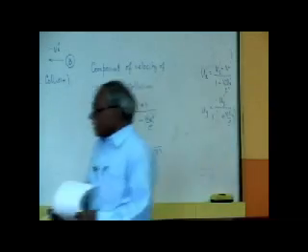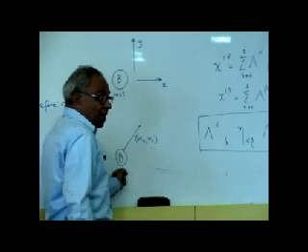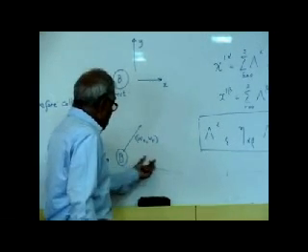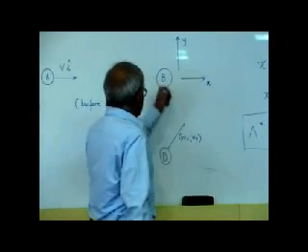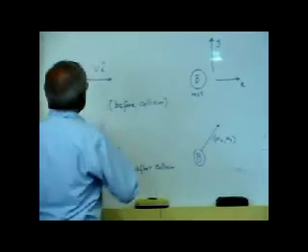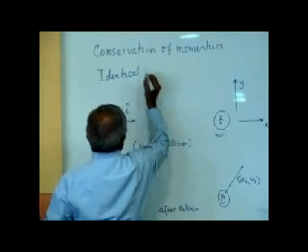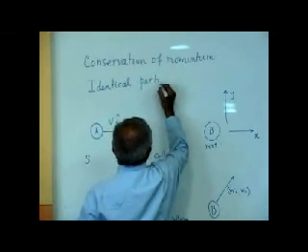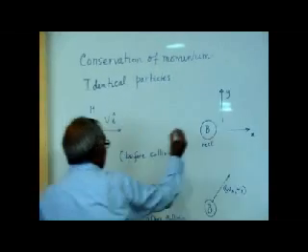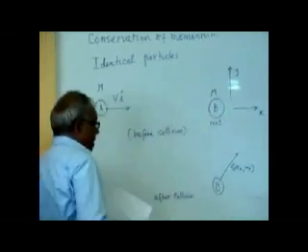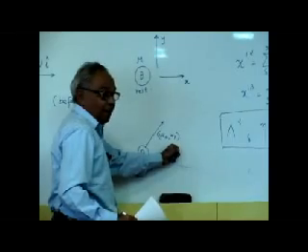But what is the velocity of B after collision? It is Wx, Wy. Let's look at the momentum along the y direction. Let's assume the masses of these are identical particles, and let's assume the mass of them to be m. Then what will happen to the y component of momentum here?